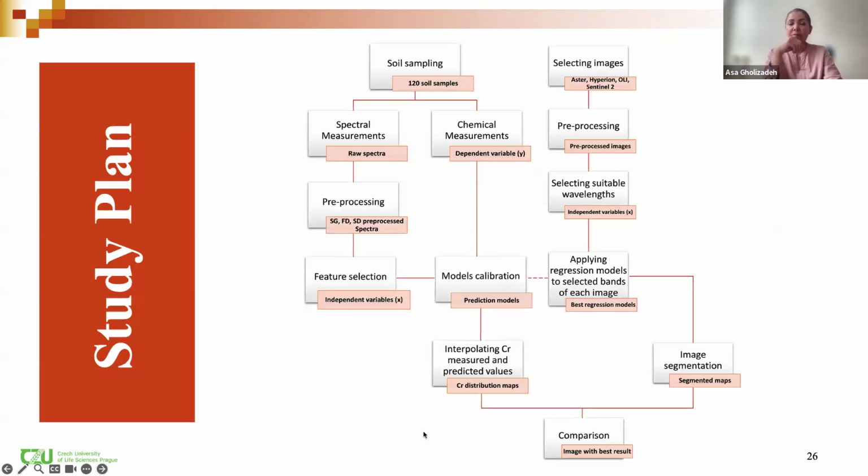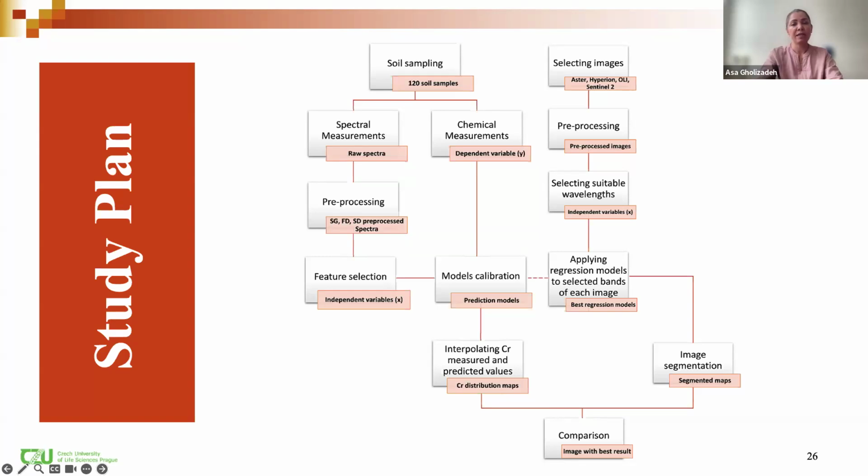You can see the study plan here. In this study, we predicted chromium concentration in 120 soil samples collected from one of the dump sites. The samples' mineralogy and chromium concentration were assessed and then subjected to laboratory reflectance. The raw spectra were pre-processed using the common Savitzky-Golay first derivative and also the second derivative.